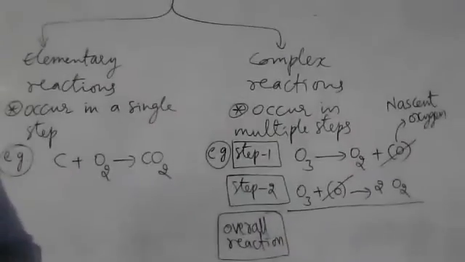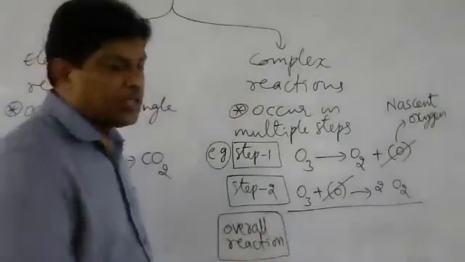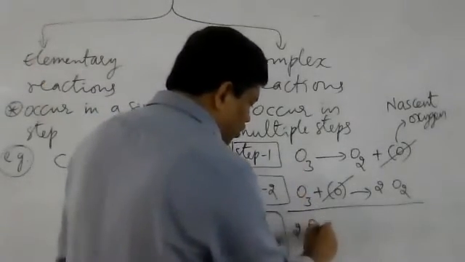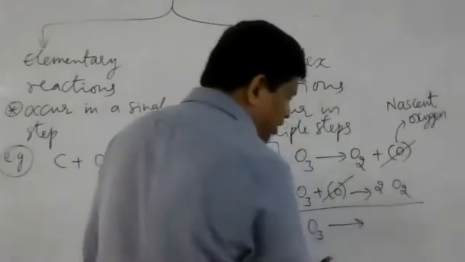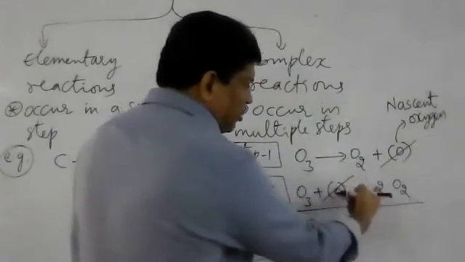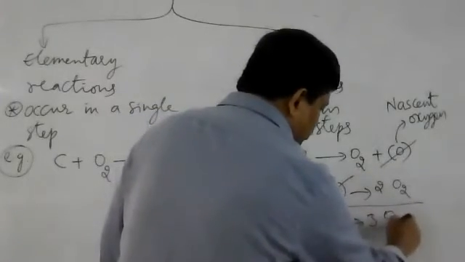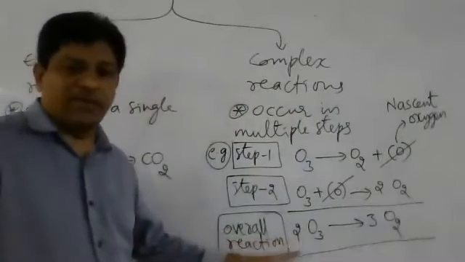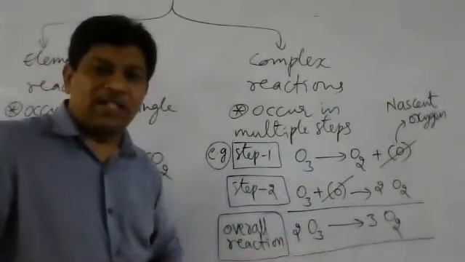So here, 2 moles of O3 give rise to 1 O2 plus 2 O2. So totally how many O2? 3 O2.